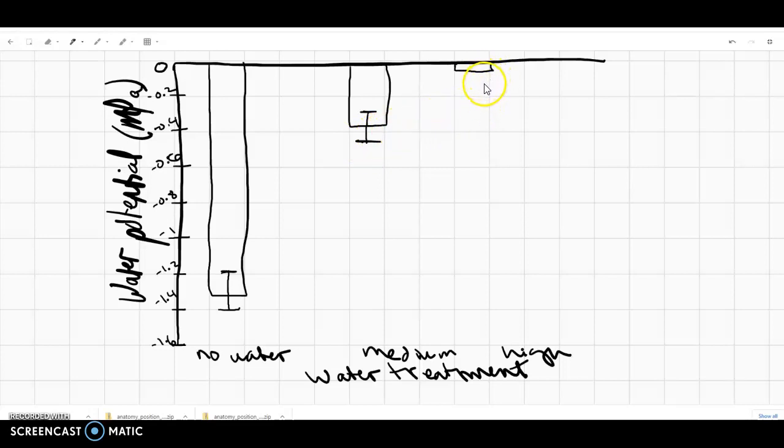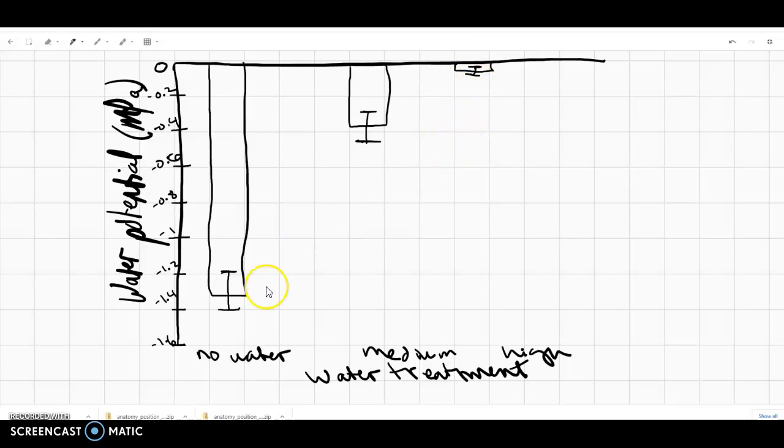And then for our high treatment, our standard deviation was 0.01, so we go from a mean of negative 0.02 to negative 0.01 to negative 0.03. So we've got a little tiny standard deviation on that one.